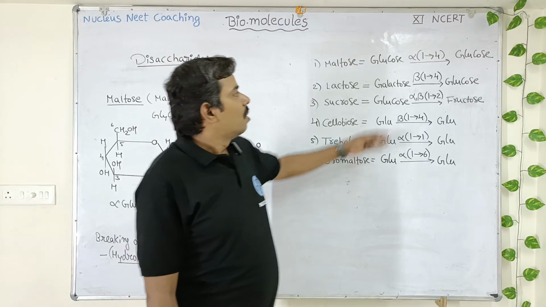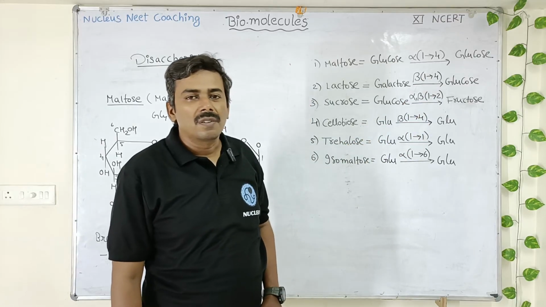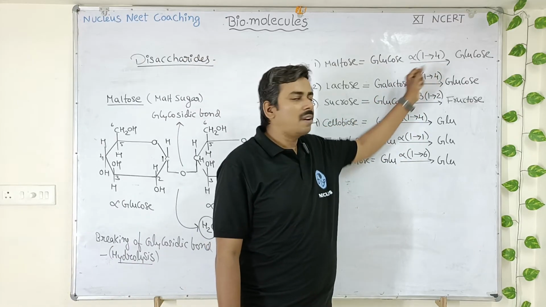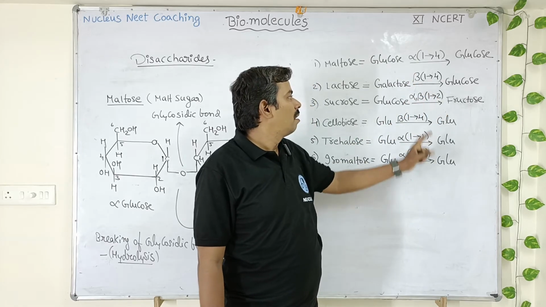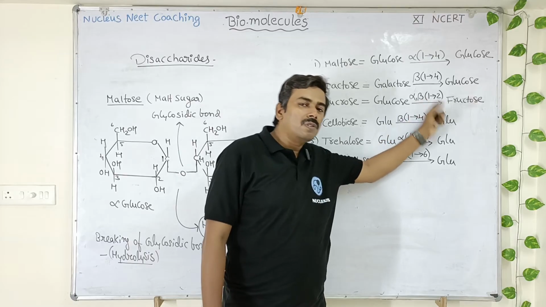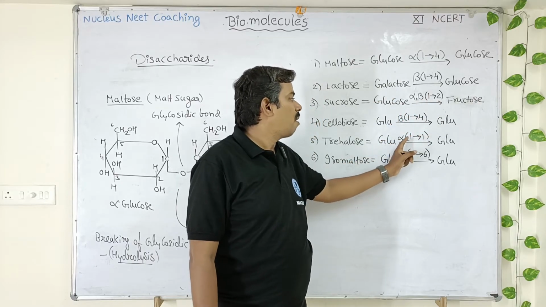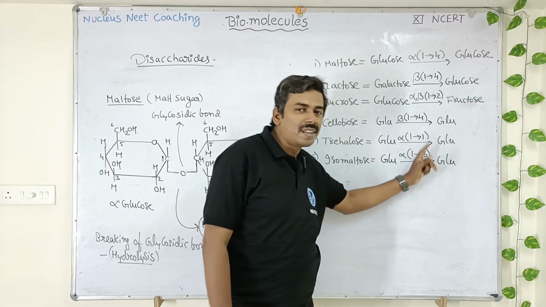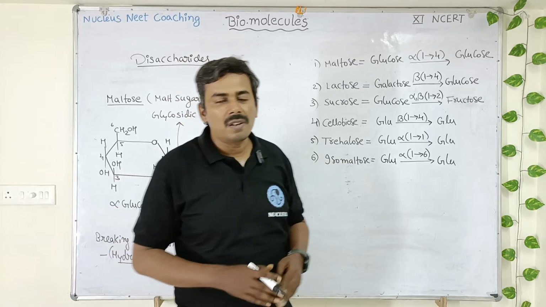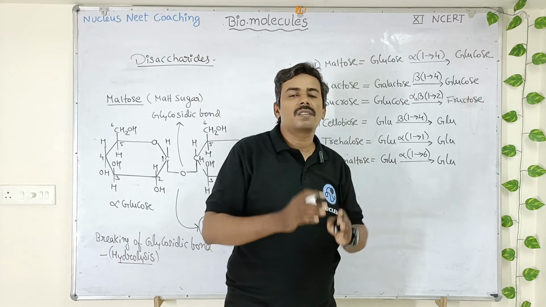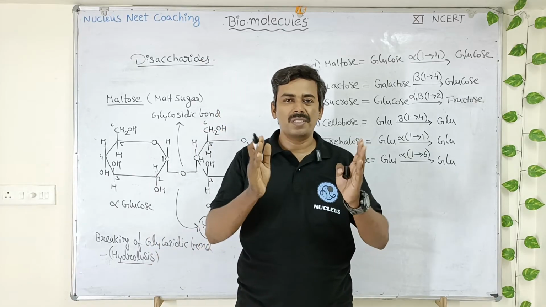Okay, so all these represent the glycosidic bonds: alpha 1 to 4, beta 1 to 4, alpha beta 1 to 2, beta 1 to 4, alpha 1 to 1, alpha 1 to 6. In this way we can name the glycosidic bonds depending upon what type of sugars are involved and which carbons are involved in glycosidic bond formation.